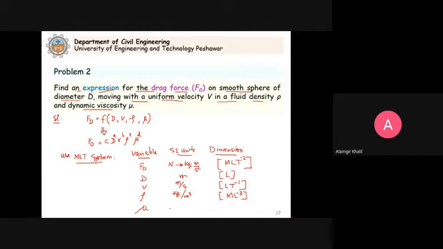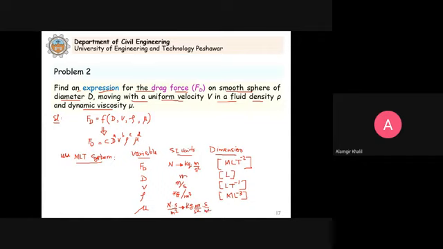And we have viscosity mu. Because this is dynamic viscosity, it contains the force units. So it is Newton second per square meter. This can be written as kilogram meter per second square, into second, per meter square.